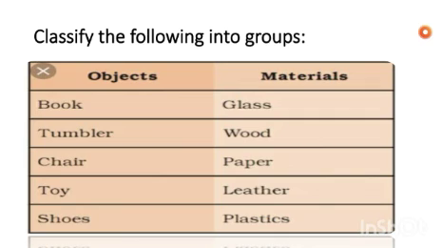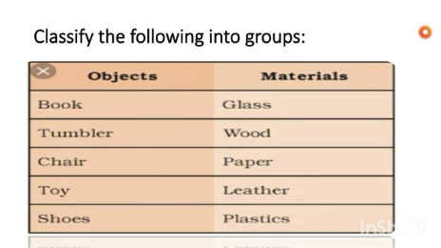So hope up till now, you have solved this question. You have matched the objects with their materials. So the book, we will categorize book, it is made up of what? Papers. Yes. So the material that the book matches with is paper. Next we have tumbler. Tumbler is a type of glass. Yes, so tumbler is a glass material.